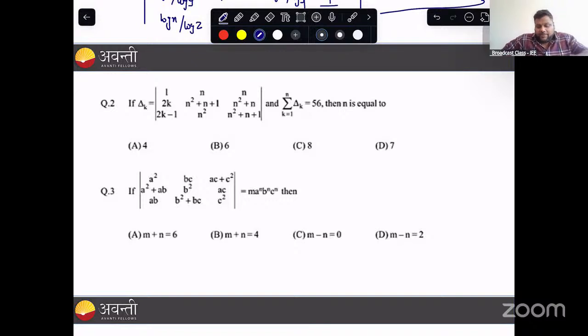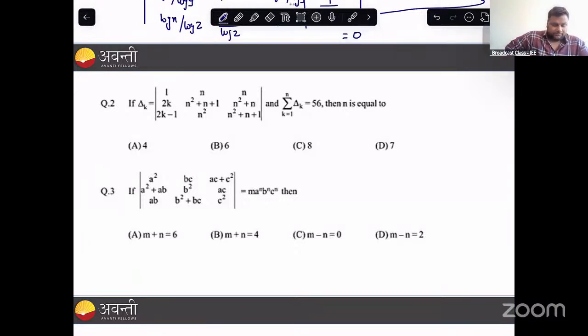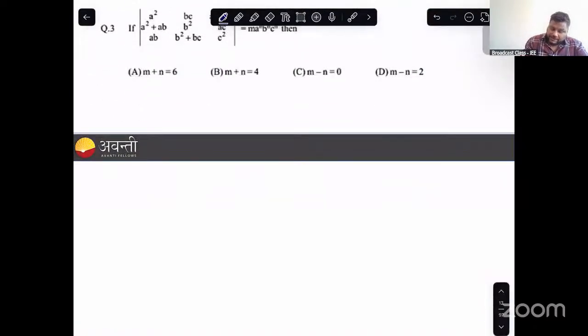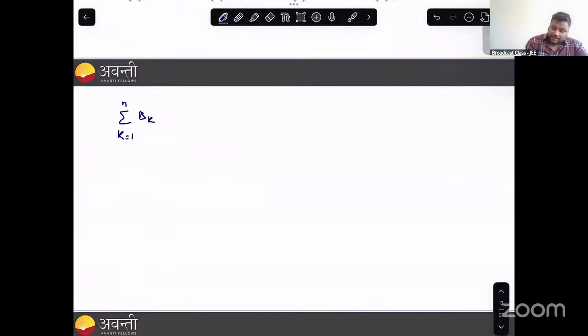And yesterday we have done a property that if we want to add two determinants, two rows or two columns should be same and they can be added or subtracted along the third row or third column. Like they are asking for sigma k from 1 to n delta k, that is delta 1 plus delta 2 plus delta 3 and so on delta n.